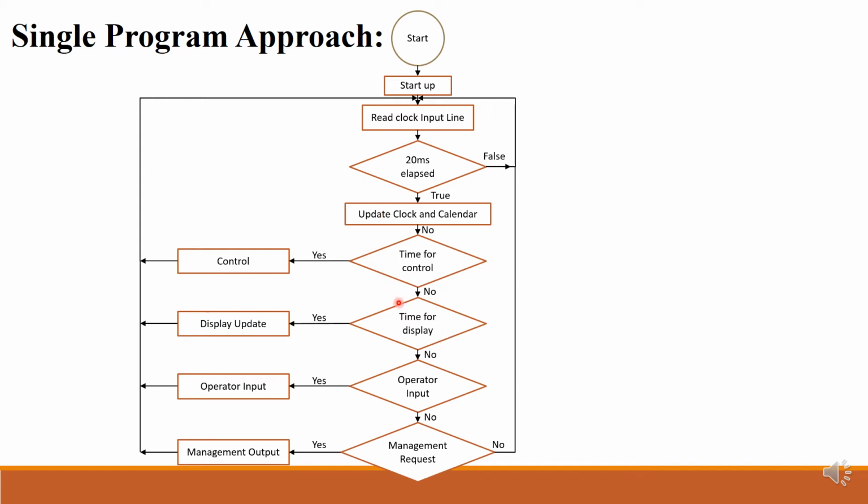The system works the clock and calendar module, and it checks if the time for control is ready. Within 20 milliseconds it will check every module whether it is ready. It will check this module first. If yes, it will update the control module within 20 milliseconds.